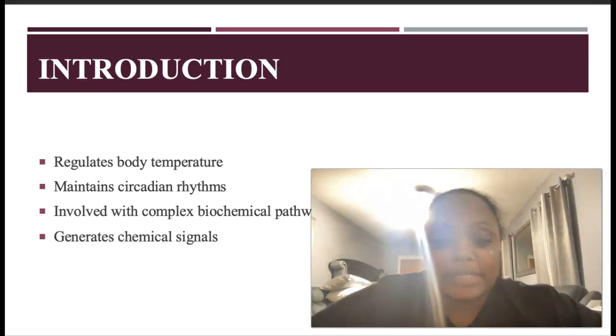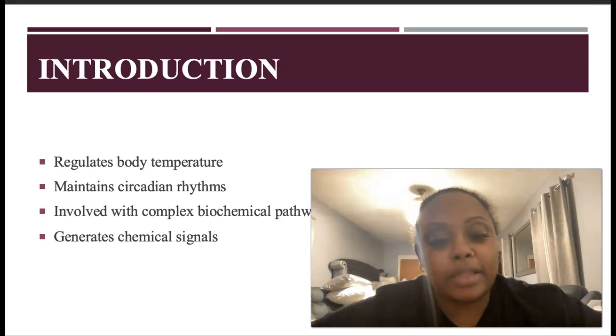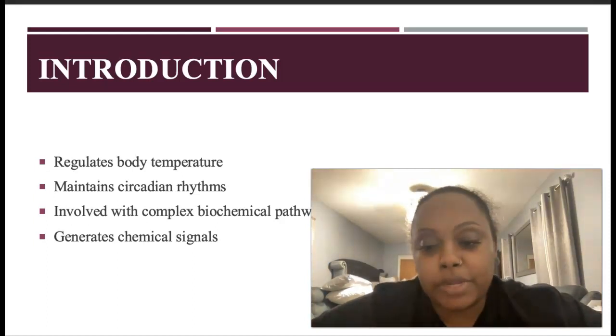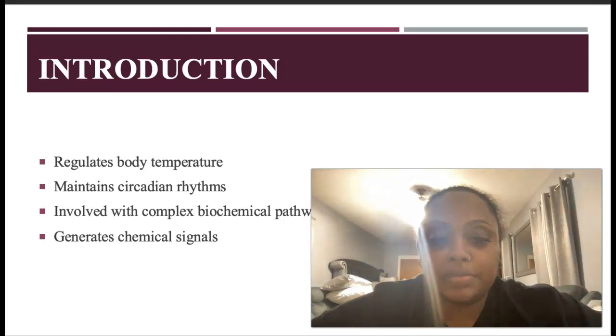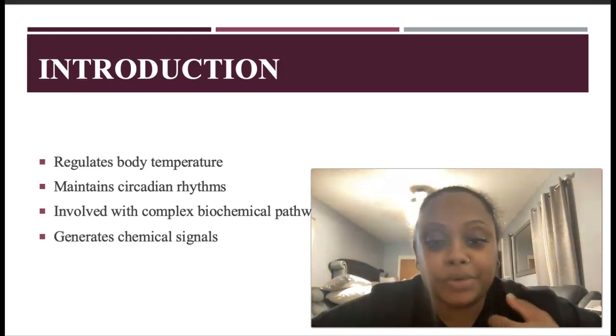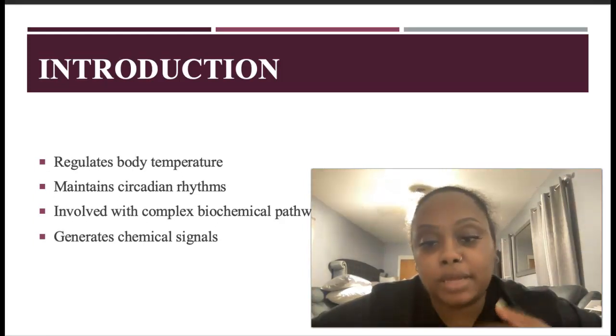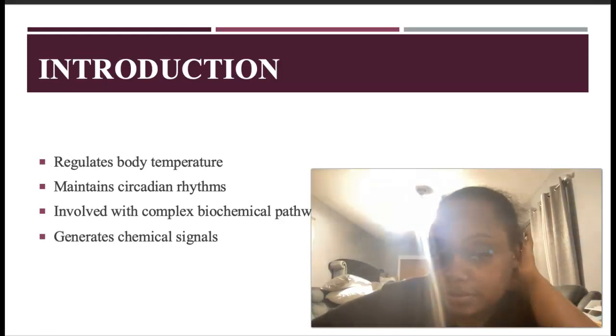The cellular processes involved with these feedback loops are highly complex and depend on multiple biochemical pathways that generate chemical signals.